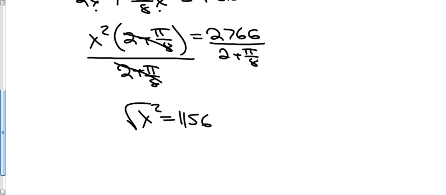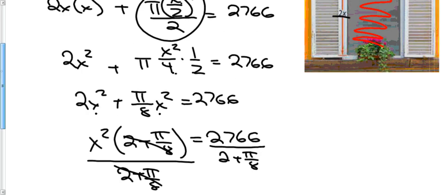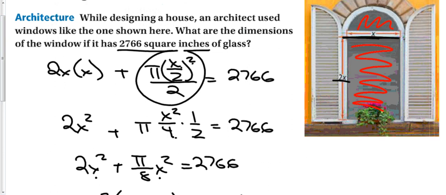And of course, we take the square root to get plus or minus 34, I believe. Yes, 34. But we don't need the negative because I am trying to figure out the length. I'm trying to figure out x, which is a distance.